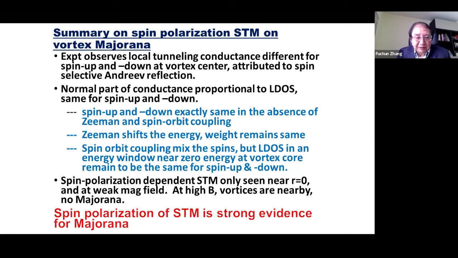The reason you need a weak magnetic field is that at a higher magnetic field, vortices are nearby, and they become not really zero mode. So by this, we at the time claimed that the spin polarized STM shows strong evidence for the Majorana inside the vortex.